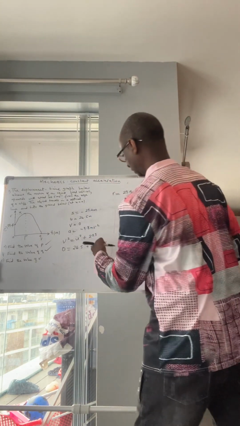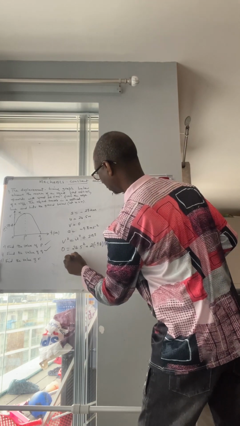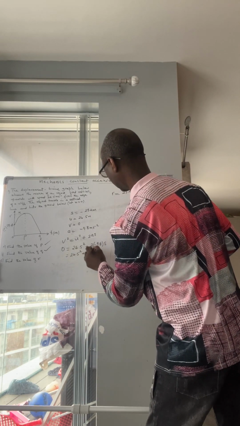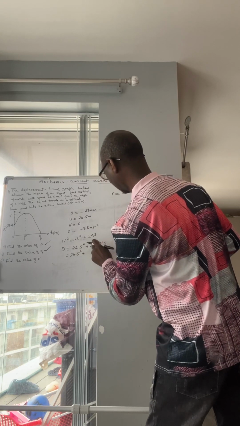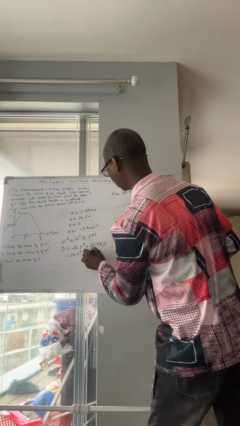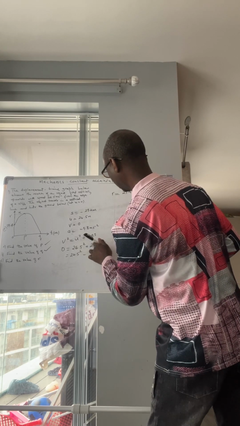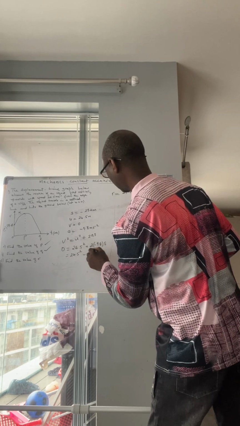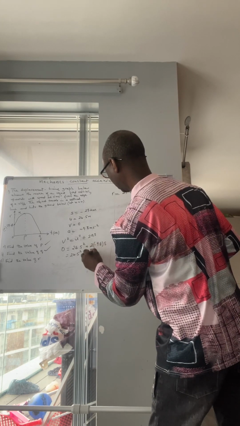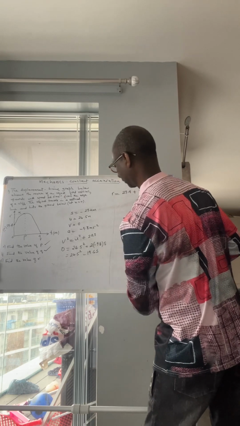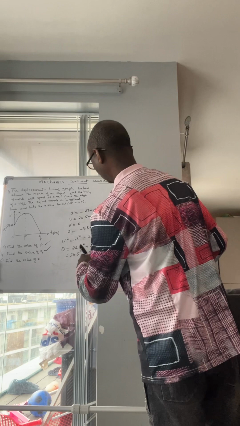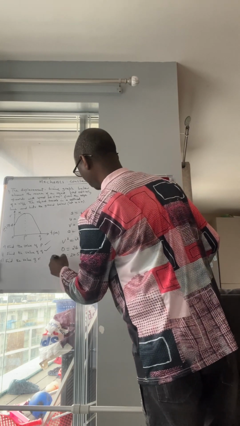So this is going to be 24.5 squared plus. Now this minus sign comes out, so this is going to be minus 2 times 9.8, that is 19.6 S. We want S. Bring it over here, so it's going to be positive now.